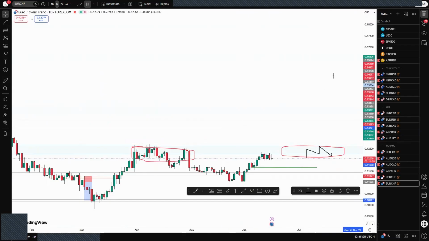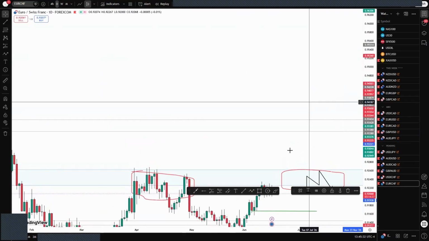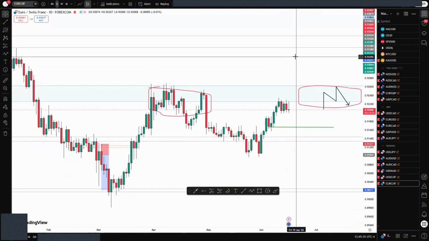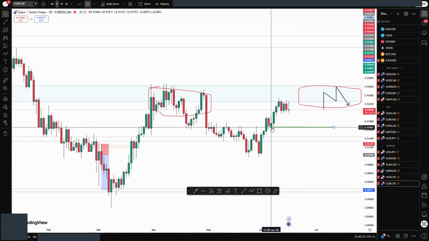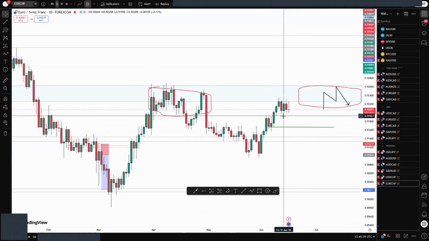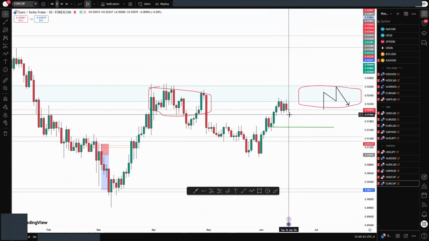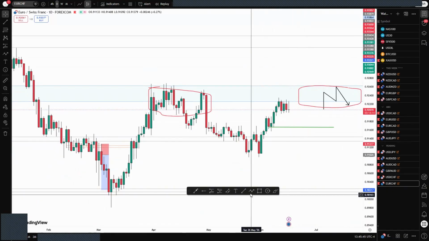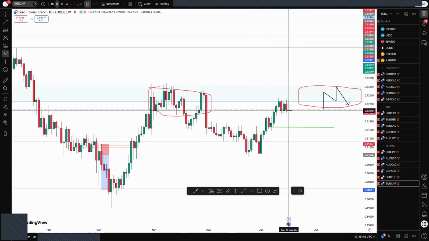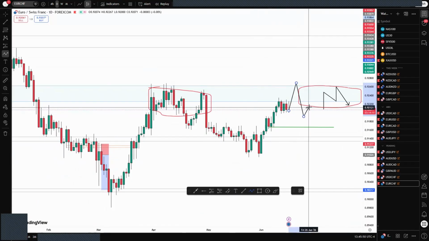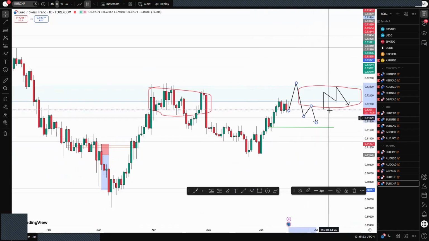Now the daily time frame is bullish, you see. Meaning we expect the daily time frame to make a new high and a shift, and then we can sell here, you see.